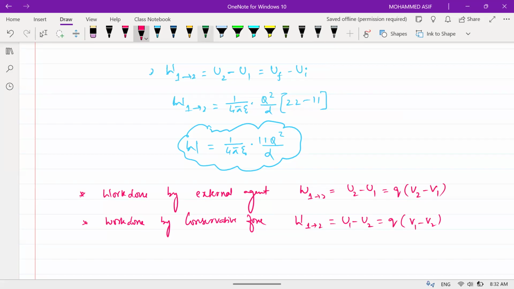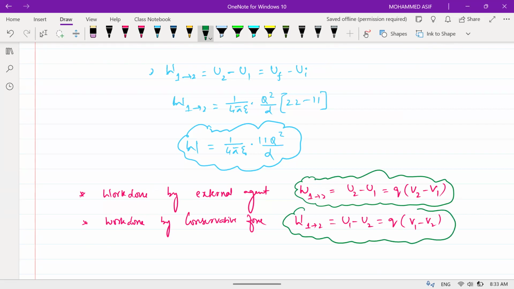So make sure of these two differences: when to use U2 minus U1 and when to use U1 minus U2. When you are doing external work, it is U2 minus U1. When the field is doing the work, it is U1 minus U2. Am I clear? Yes, sir.